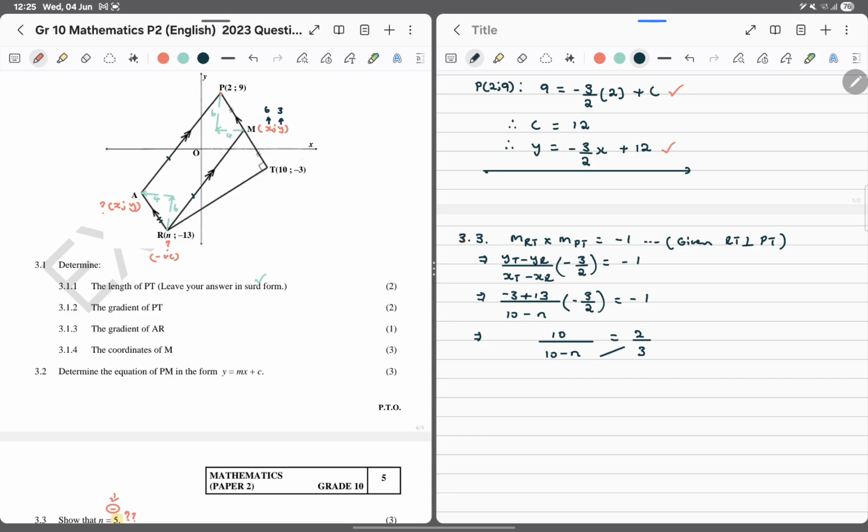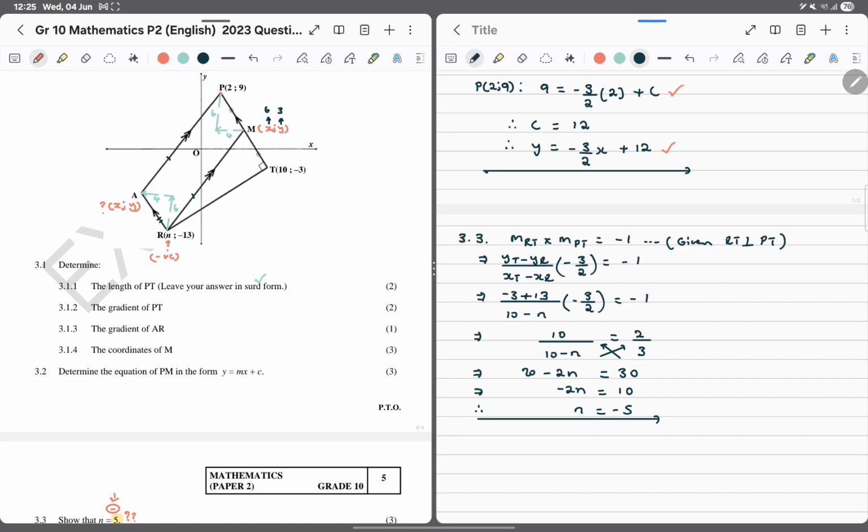Then we cross multiply. So this would imply we want n, so this is going to be 20 minus 2n is equal to 30. We transpose the 20, so minus 2n is basically 10. Divide by 2, therefore n is going to be minus 5.